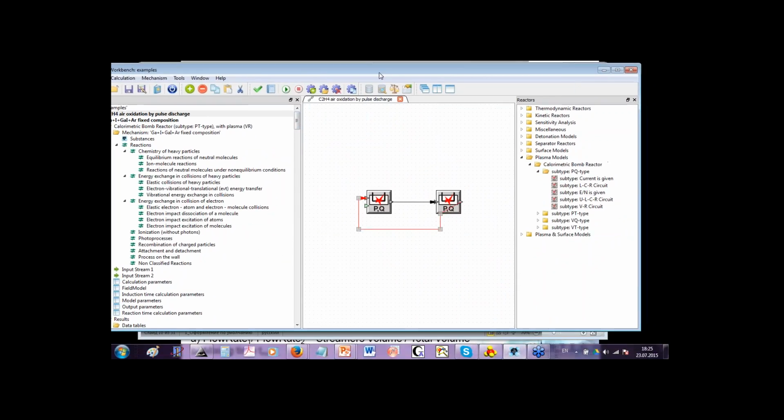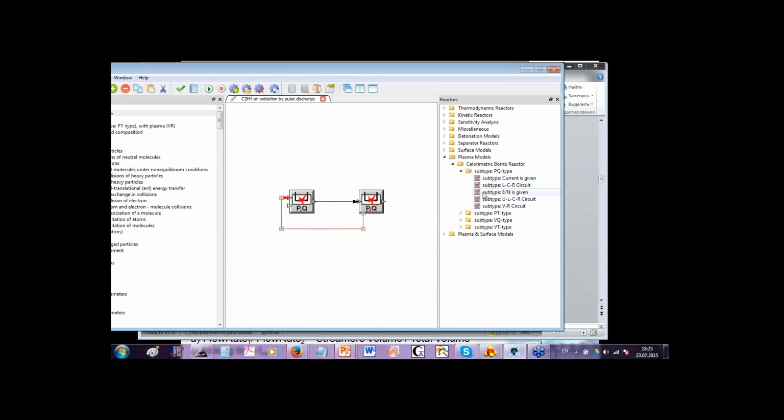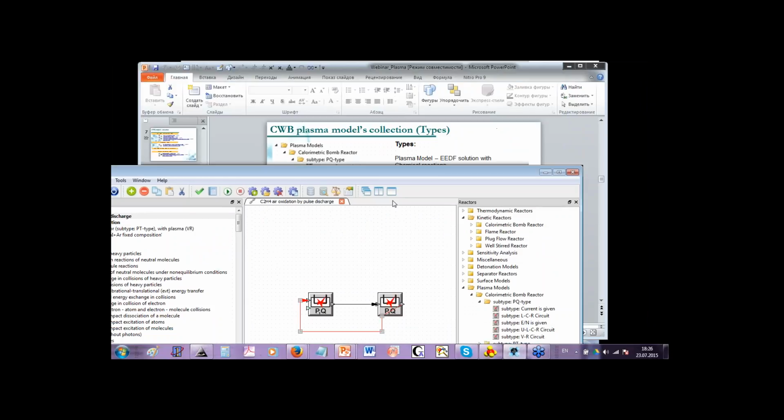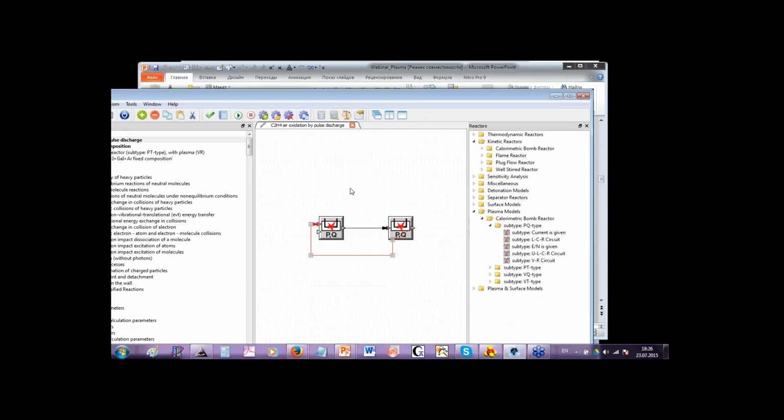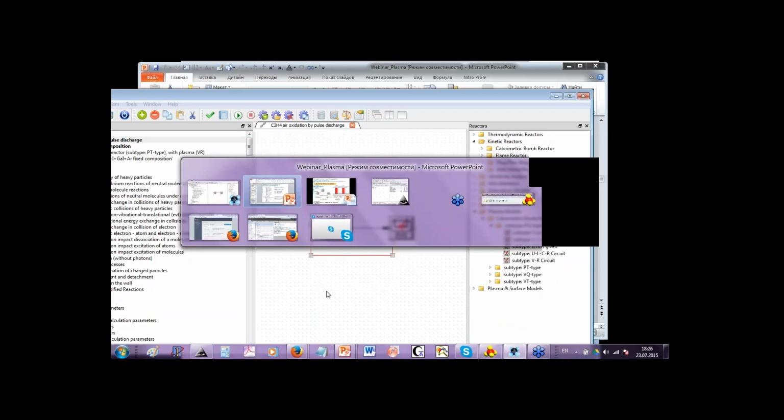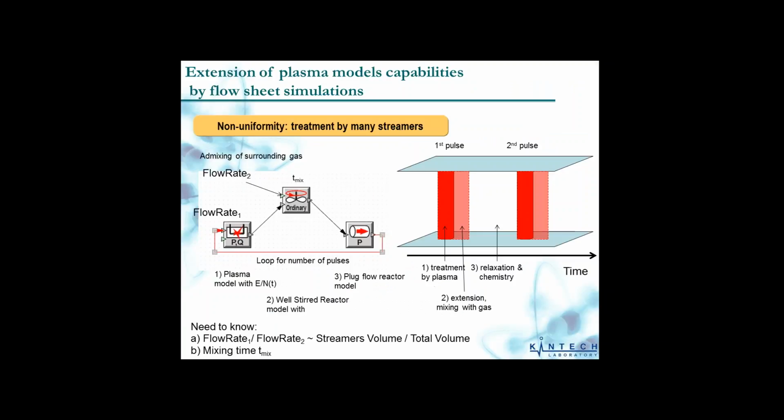So you may connect different models, not only the plasma model, but also the thermodynamic equilibrium model and the kinetic model. You may connect all these models together and transfer data from one model to another. Sometimes this possibility is very, very useful. Let's demonstrate only one example here.